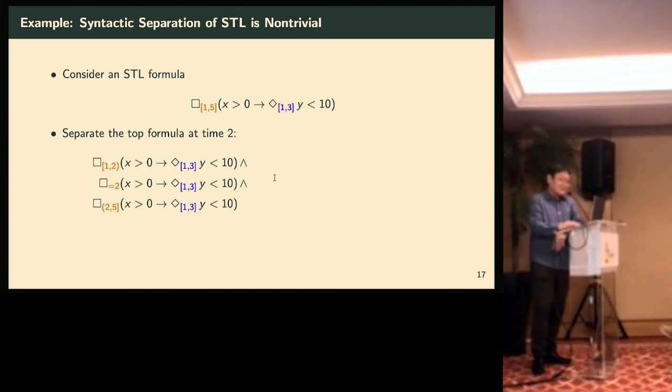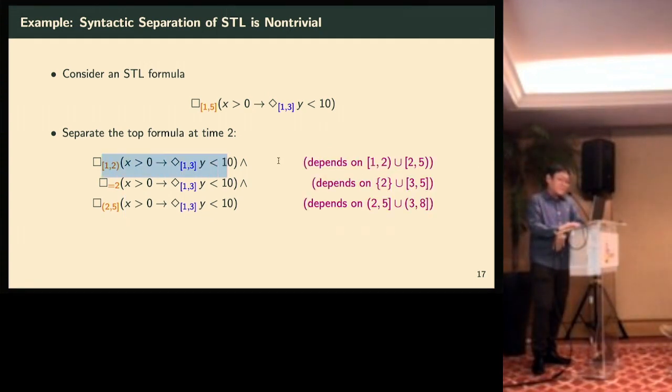The problem is that the first part actually depends on interval 1 to 2, because this part, x greater than 0, corresponds to this interval. And then this interval corresponds to the sum of this one and this, therefore corresponding to 2 to 5.